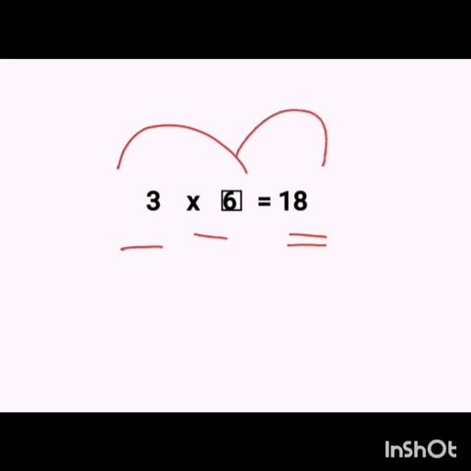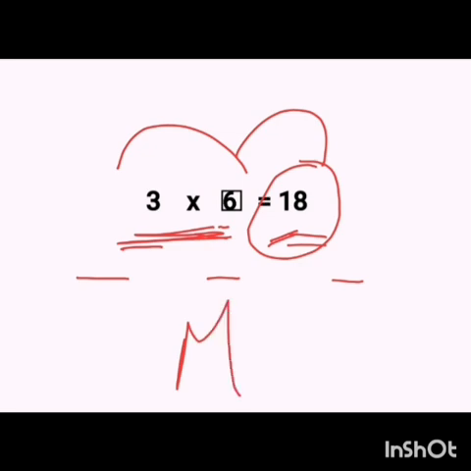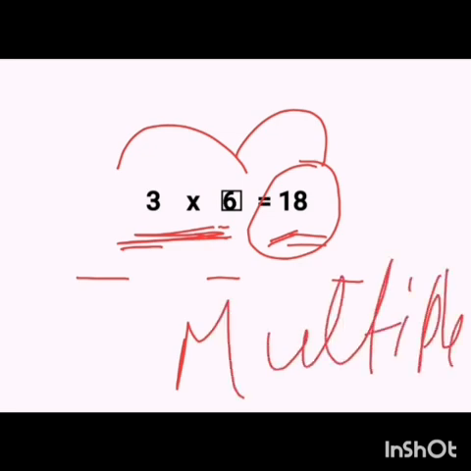So both these are the factors of 18. But what is 18? 18 is formed by multiplying 3 with 6. So I say that 18 is a multiple of 3 as well as 6.